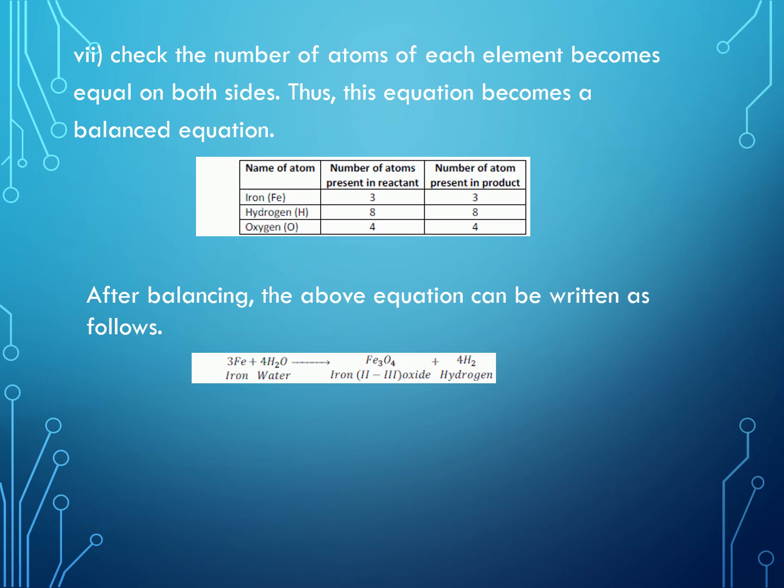After balancing, the equation can be written as follows: 3Fe plus 4H2O gives Fe3O4 plus 4H2. If we count the number of atoms of each element on either side, it will always be equal. So now the equation is balanced.